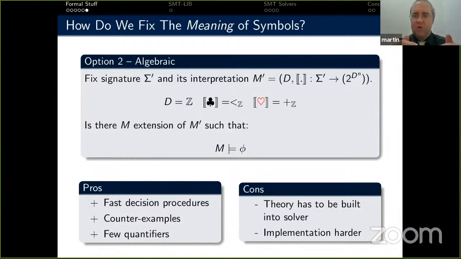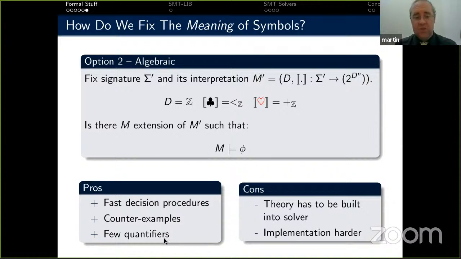Whereas in the algebraic approach, we go, no, look, we know that these things are integers. We know that that is integer addition. So we could try out different integers. We know that 3, the symbol 3, and the heart, and 5, we can actually simplify that to 8.